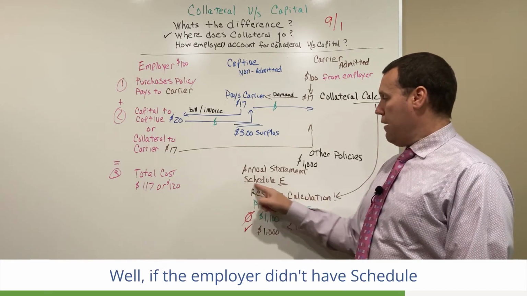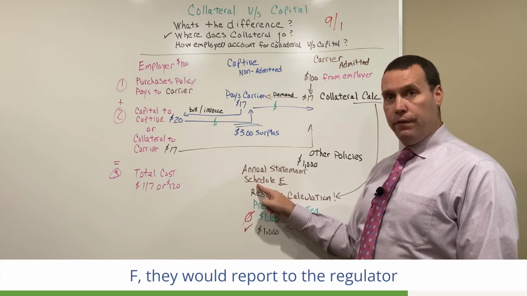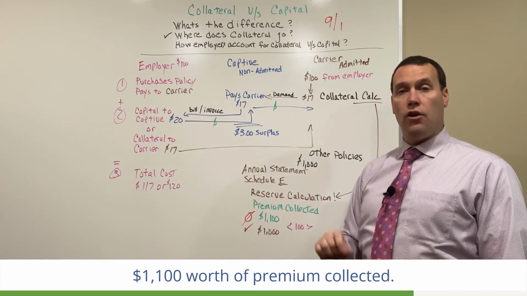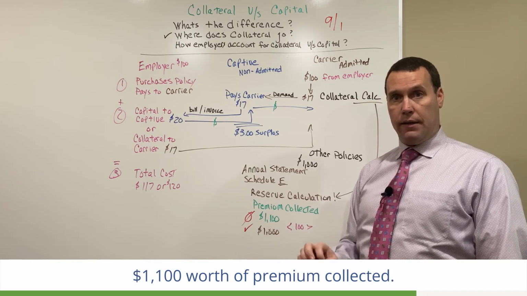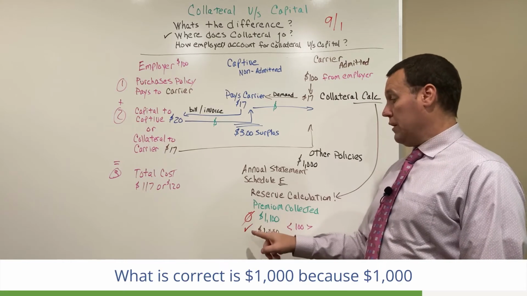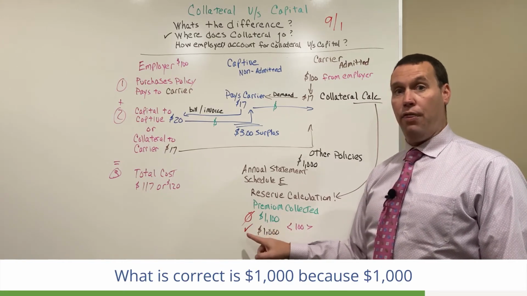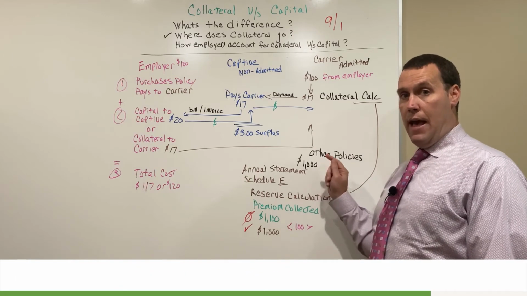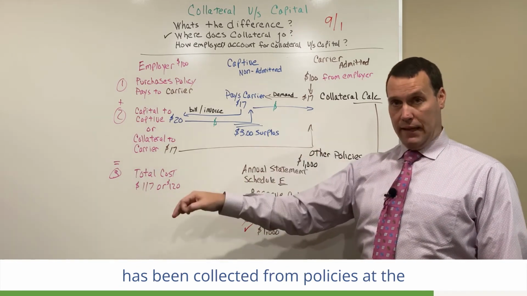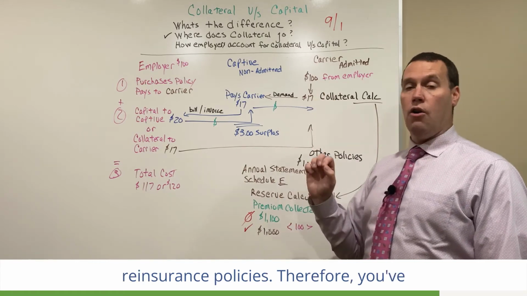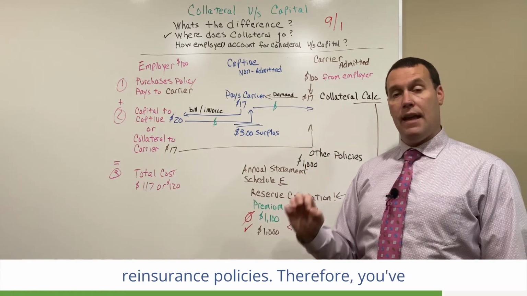Well, if the employer didn't have Schedule F, they would report to the regulator $1,100 worth of premium collected. That's not correct. What is correct is $1,000, because $1,000 has been collected from policies that the carrier issued, and $100 are reinsurance policies.